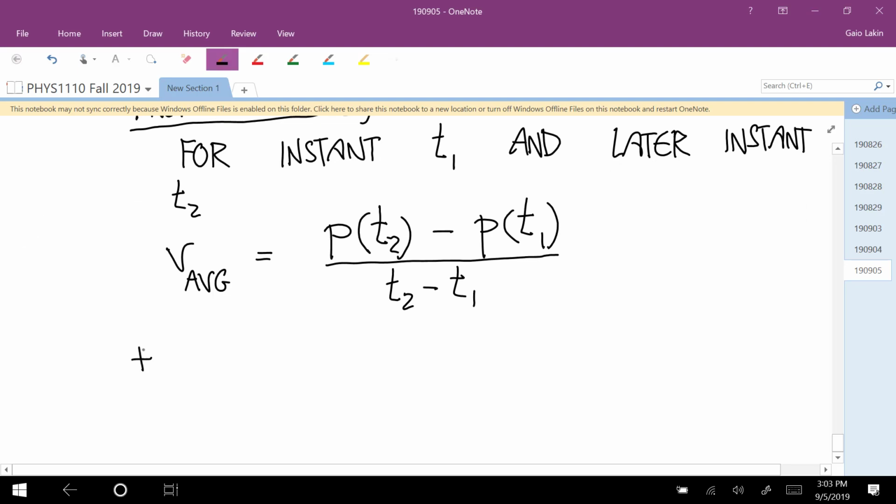So one thing I want you to notice about this is you need to choose 2 instants for average velocity to be defined.